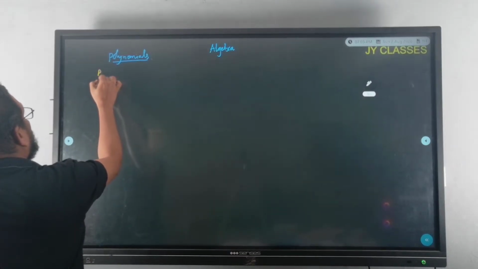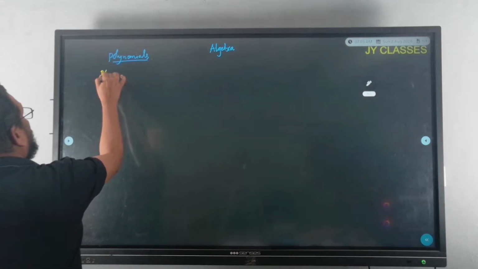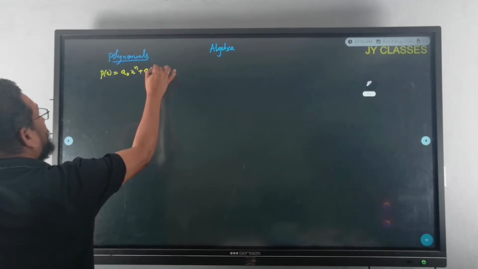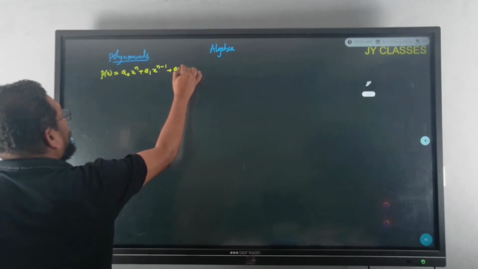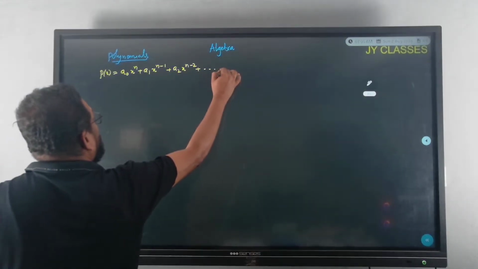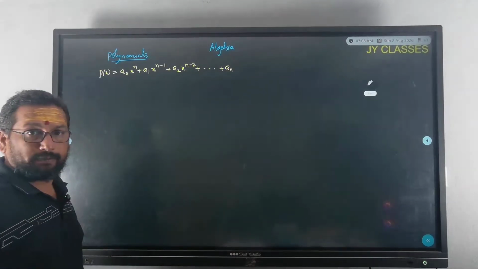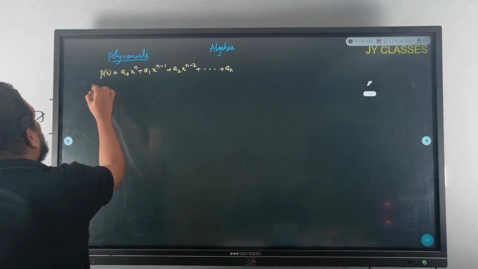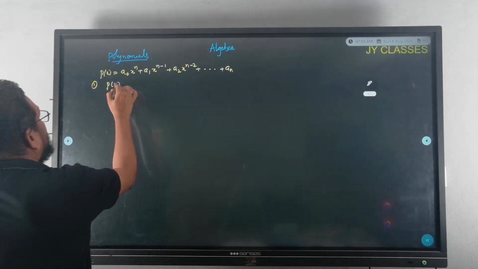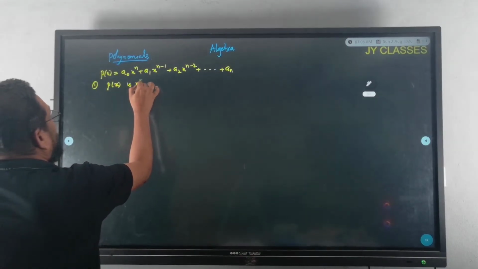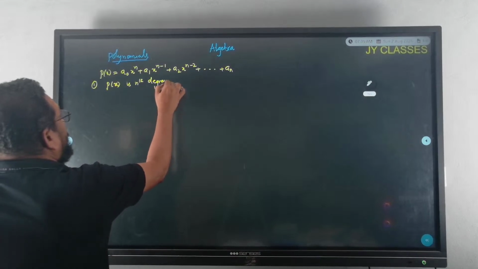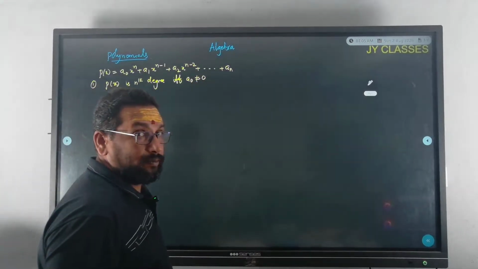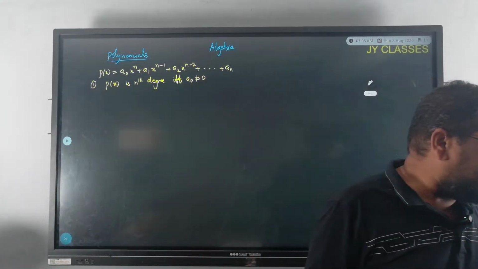So, P of x is equal to a naught x power n plus a1 x power n minus 1 plus a2 x power n minus 2 and so on plus an. First one, P of x is nth degree if and only if a naught is not equal to 0.